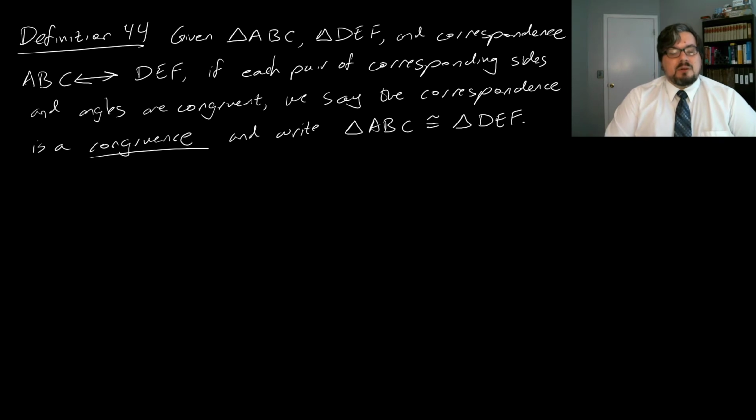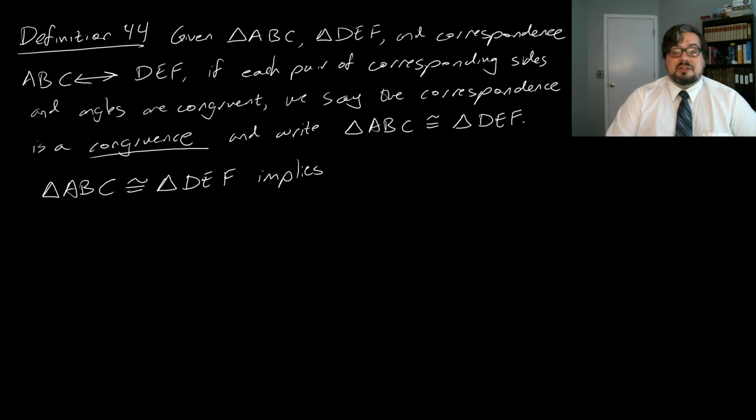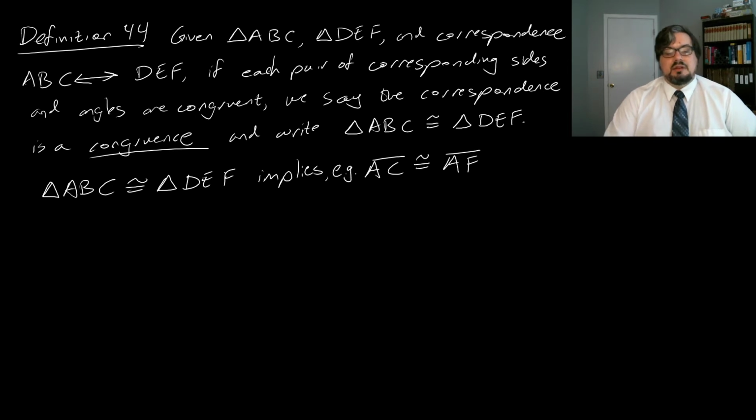So, for instance, if we say that the triangle ABC is congruent to the triangle DEF, this means, among other things, that the segment AC is congruent to the segment DF, for example, because A and C are in the first and third positions on the left, and D and F are in the first and third positions on the right.